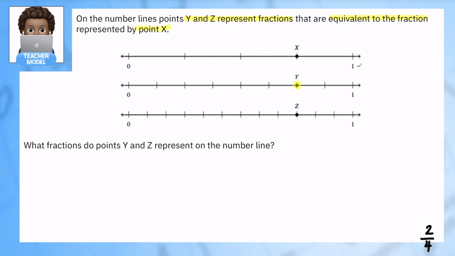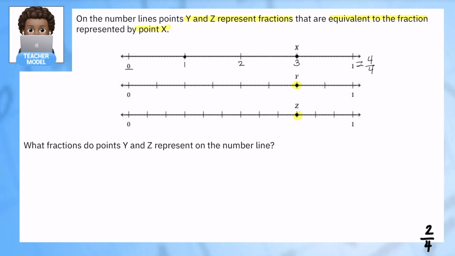I want to know what this one is, and I want to know what this one is. So watch what I'm going to do here. I'm going to make this a little smaller, and I'm going to figure out how many pieces each line is broken up into. So the first one has a 0. Leave that 0 here. 0, I have a 1, 2, 3, and boom, even though it says 1 over here, I have 4 over 4.